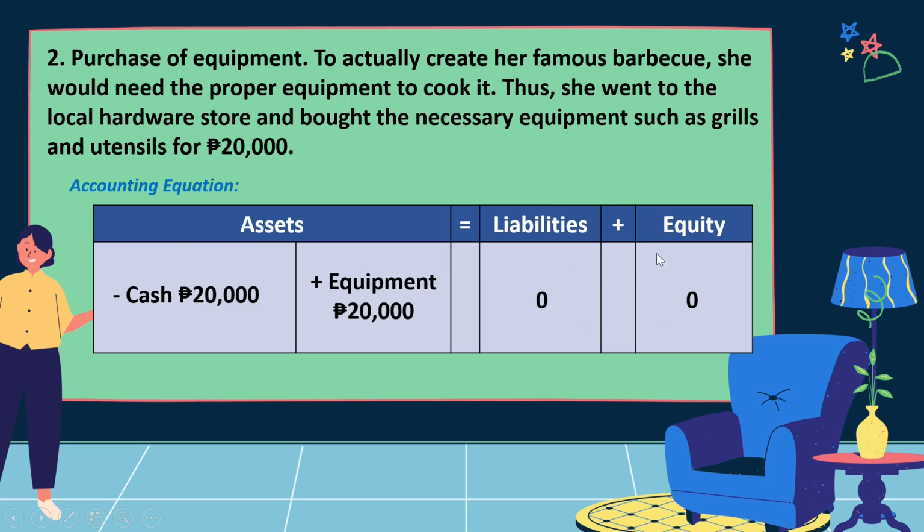Kapag in-add mo si assets which is negative cash 20,000 plus equipment 20,000, yung magiging sagot niya is 0. So balance ang assets, liabilities, and equity kasi kapag in-add mo si liabilities which is 0 plus equity 0 is equal to 0.